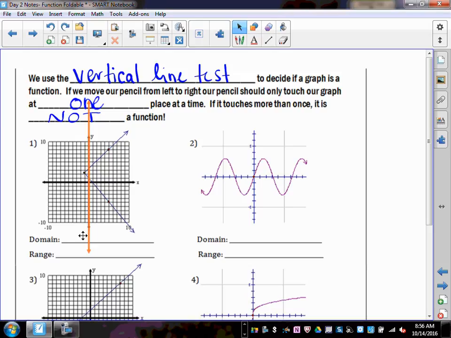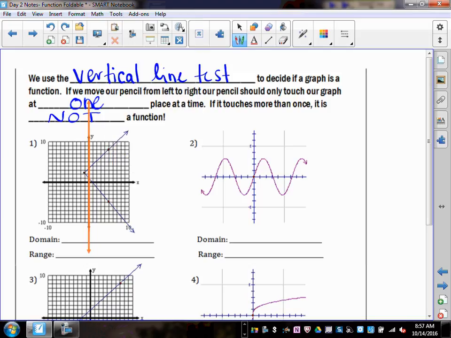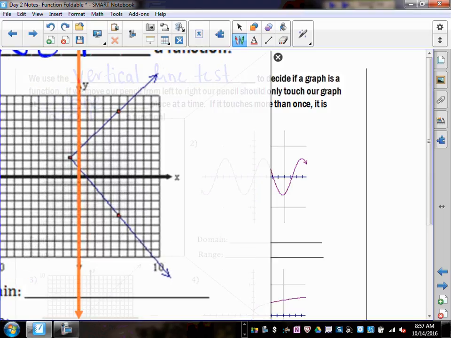This means that my x value, what's my x value right here? 0. Yeah, my x value right here, let me zoom in a little bit. Okay, my x value here is 0, and if I look, when x is 0, how many different y's does it have? It has 2 of them.